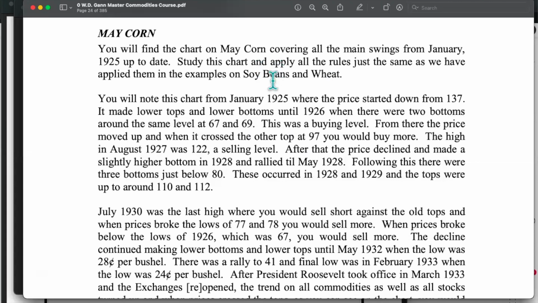Soybeans and wheat were given before this, but we wanted to start from Macon. Soybeans will come later because there are many more details to be identified with them. You will note this chart from 1925.